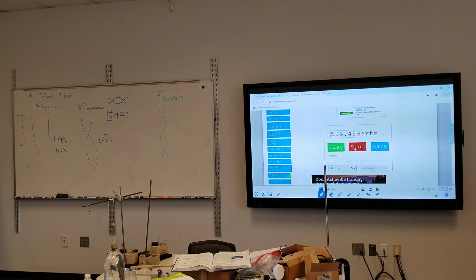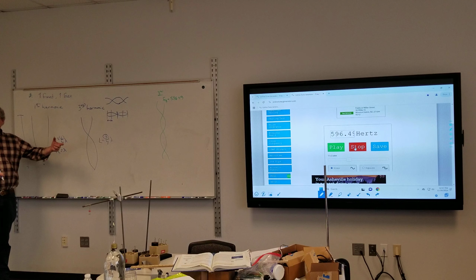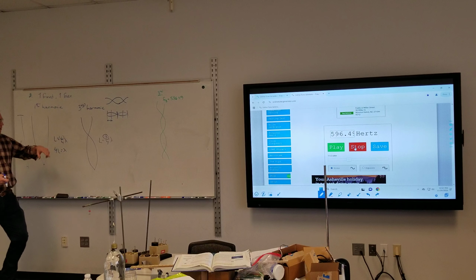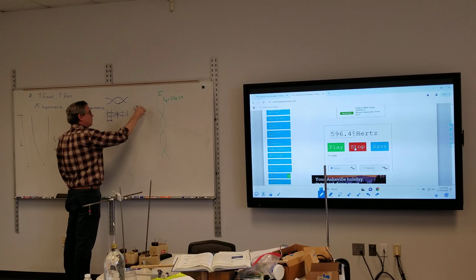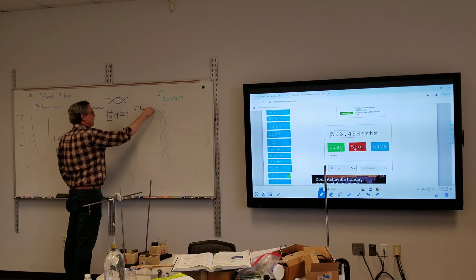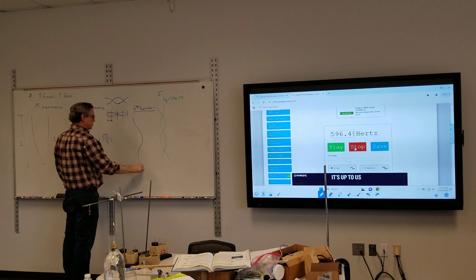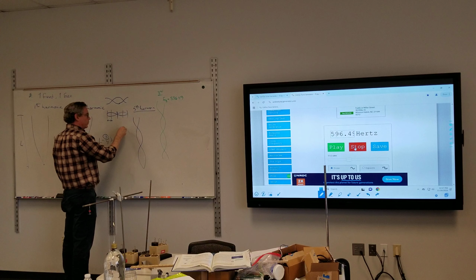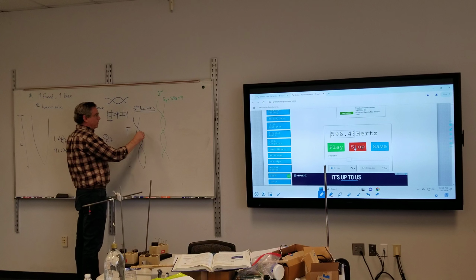Fourth harmonic? Not the fourth. Yep, the fifth. If we add a half every single time, that's 2/4, so we're going to go up by 2 every time. So the next one is the fifth harmonic. And so we have our full wave right there, plus another quarter, so we got 1 1/4 waves.